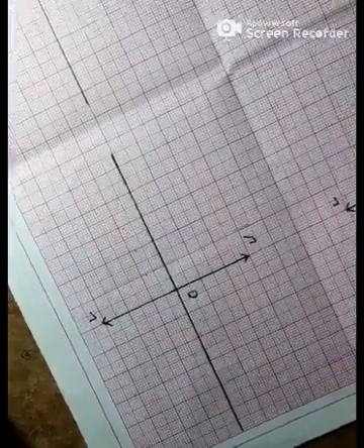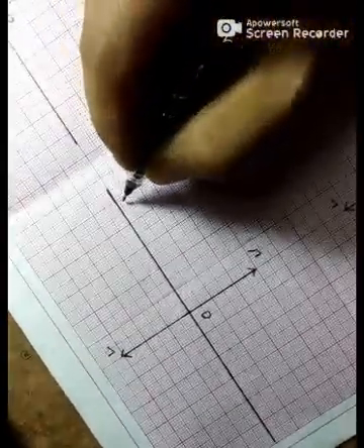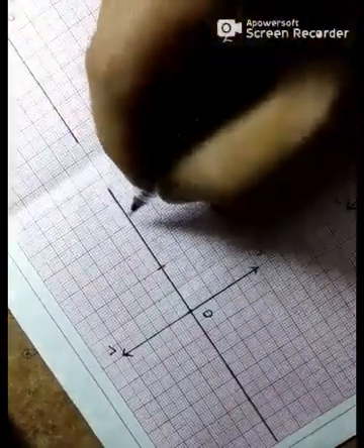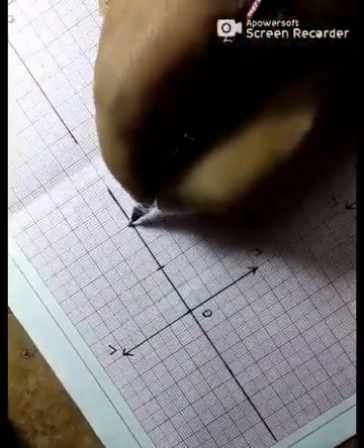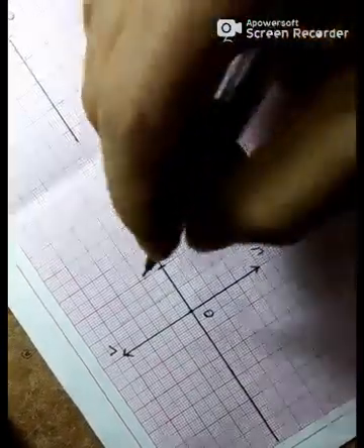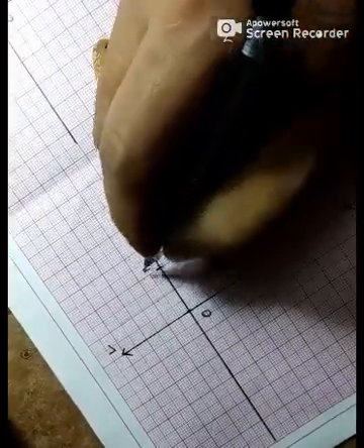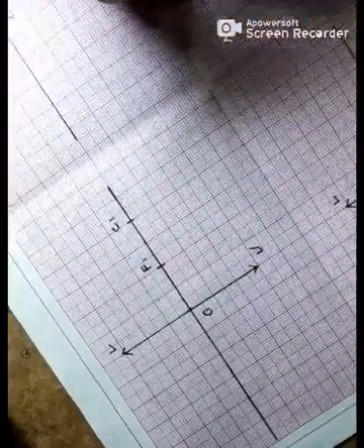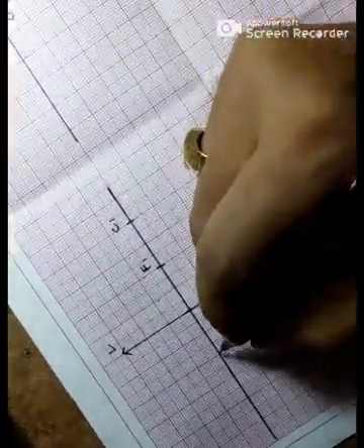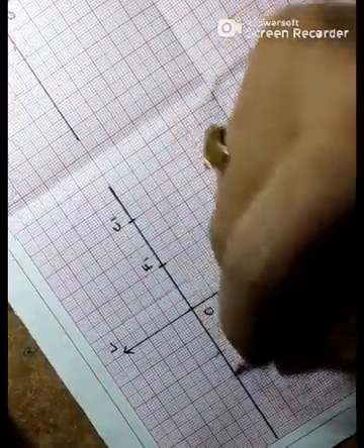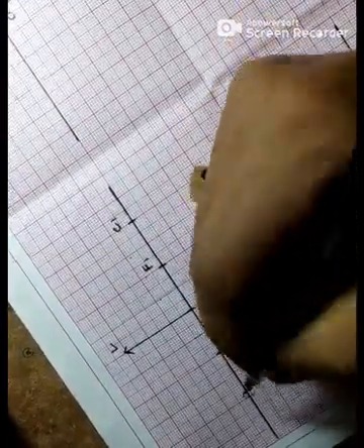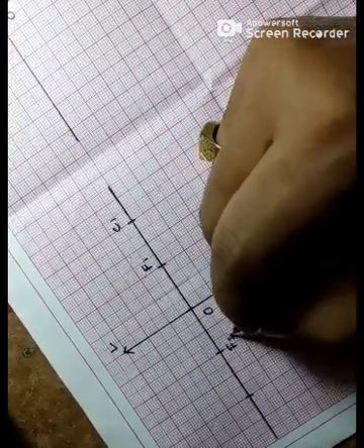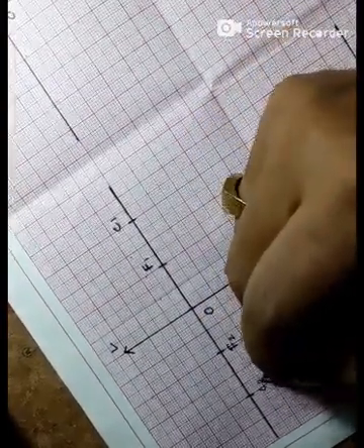Right. So now what you have to do, as this is the principal axis, you take 2 centimeter as the focal length and 2 plus 2, 4 centimeter as center of curvature. So you mark it as F1 and this is C1. Similarly, on the left side, 2 centimeter is F2 and 2 more centimeter is C2.